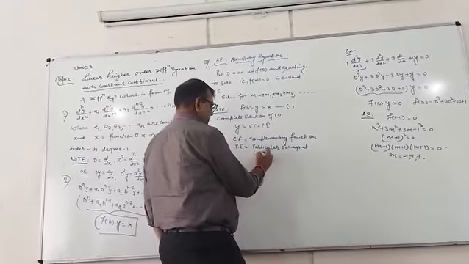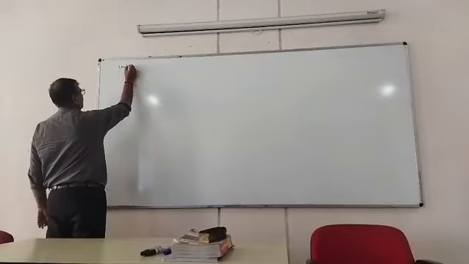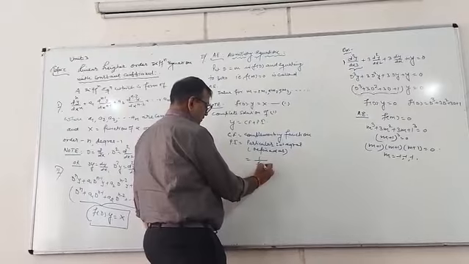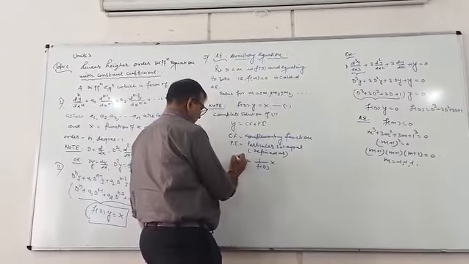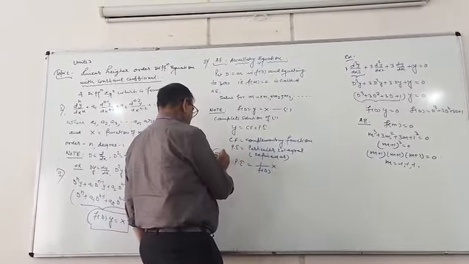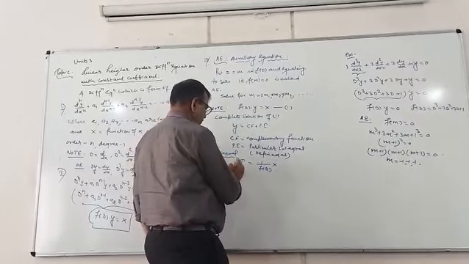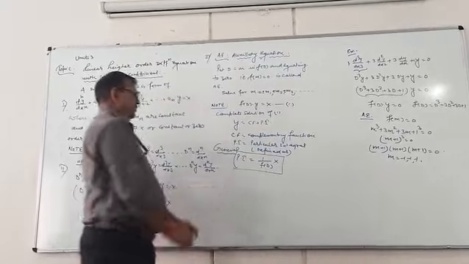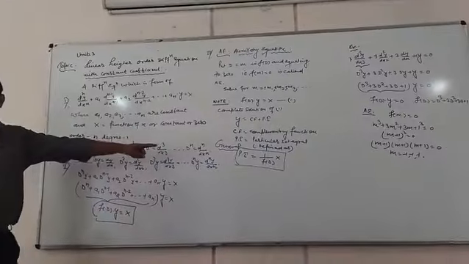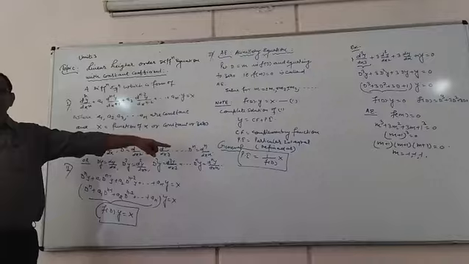It is defined as PI equal to 1 upon f(D) into X. That is the general formula for PI.